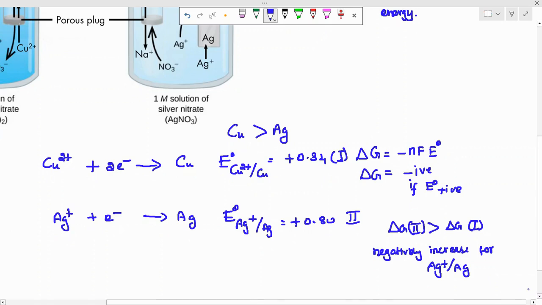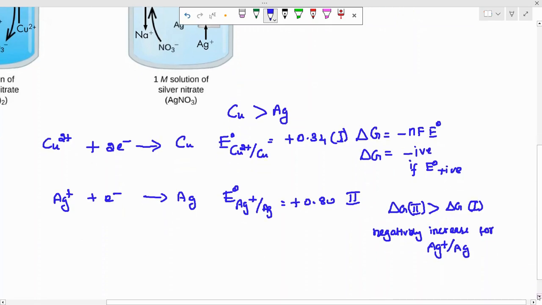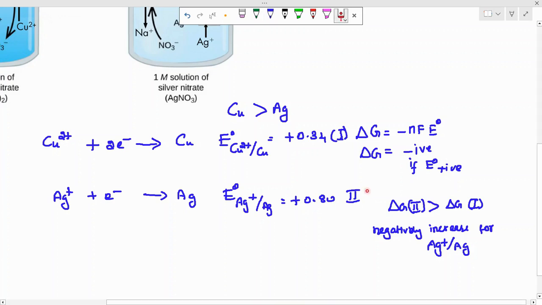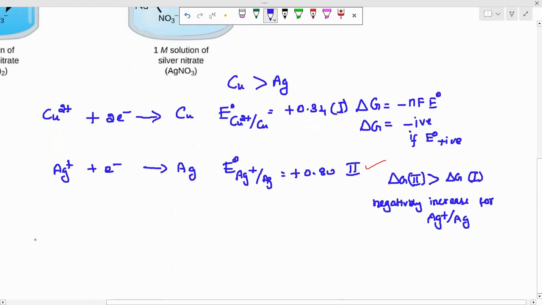When you are connecting them, the more spontaneous reaction will take place first. So when you compare these two, the spontaneous reaction will be in the reduction part. When you do the reduction with Ag+, there is no other way for copper, so it will undergo only oxidation.